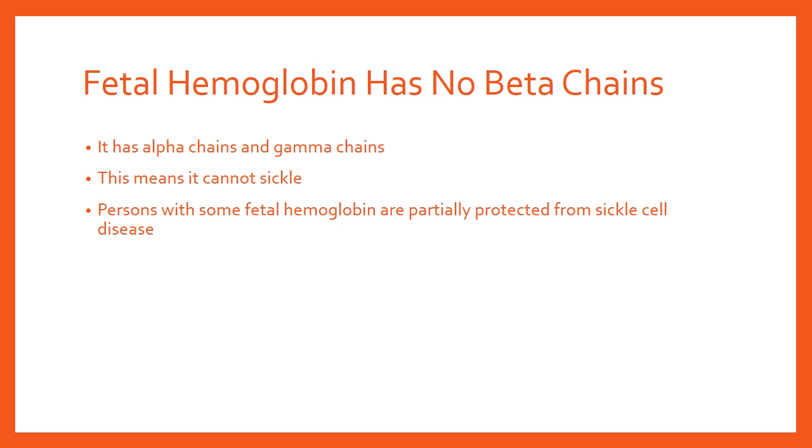Only beta chains can sickle. Gamma chains are specific for fetal hemoglobin, and that's why some people won't have sickle cell disease to that extent, even if they have the trait for it.